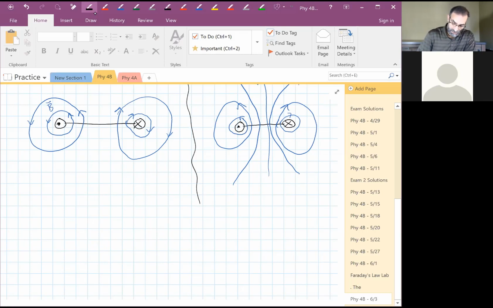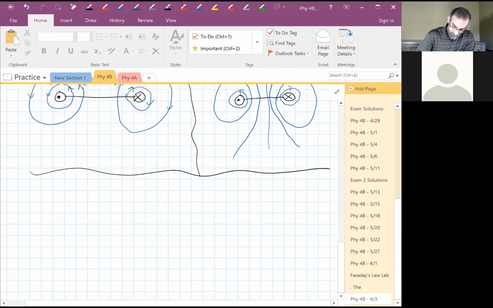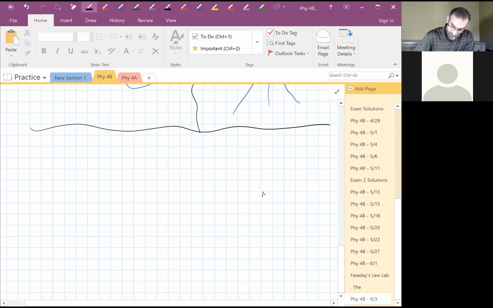But what happened when we did a permanent magnet, remember? We had a north, let me stick with blue for my magnetic field lines.